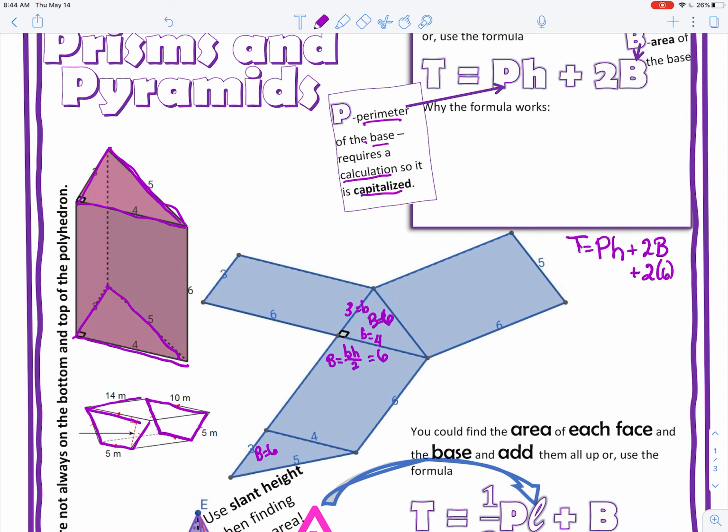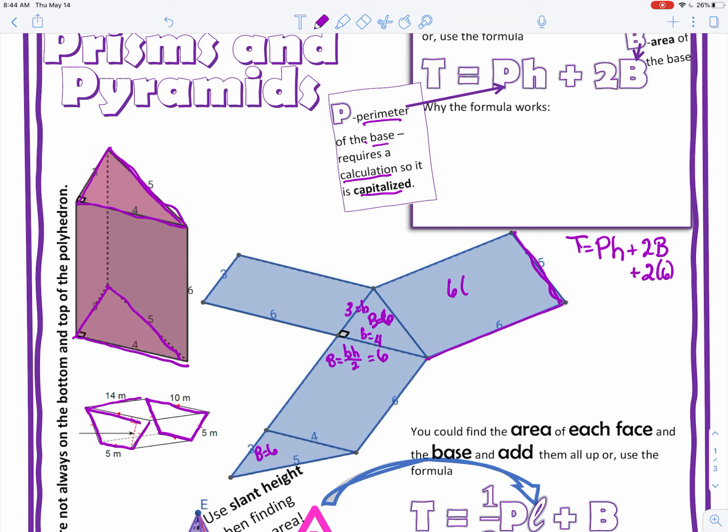All right, so that makes sense that the 2 capital B's are there, but why are we using capital P times H? Well, when we're looking at this net of this prism, we can see that we have a side here that is 6 and a side here that has 5 for one of the lateral faces.